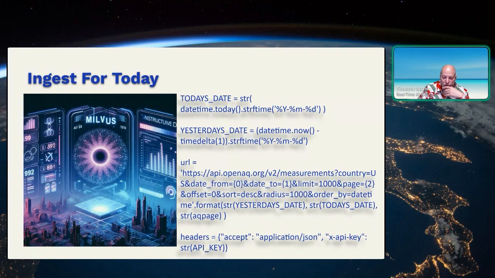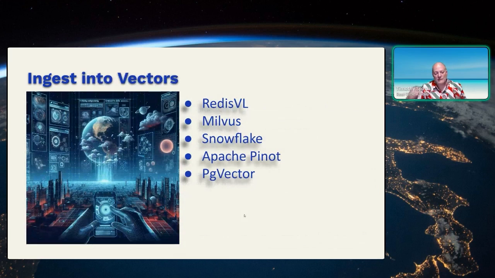Like I said, I'm just going to order it by that date there, and we'll get back our data. Now we can ingest into multiple different data stores, whether that's the Redis vector storage, Milvus, Snowflake, Pinot, PG Vector, Pinecone, Chroma. Everyone has one.